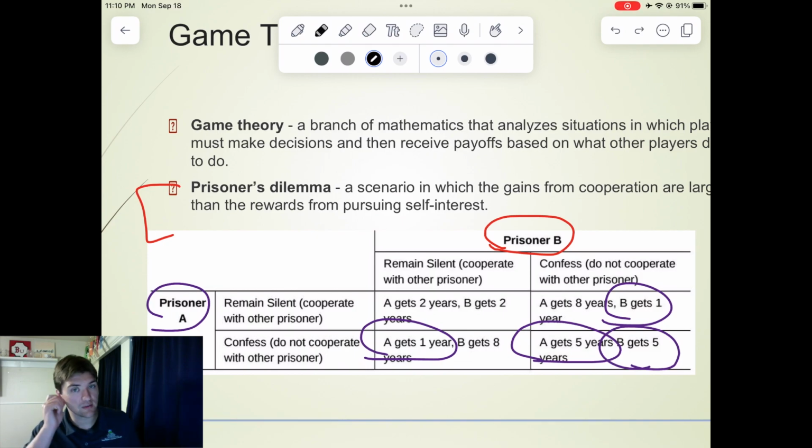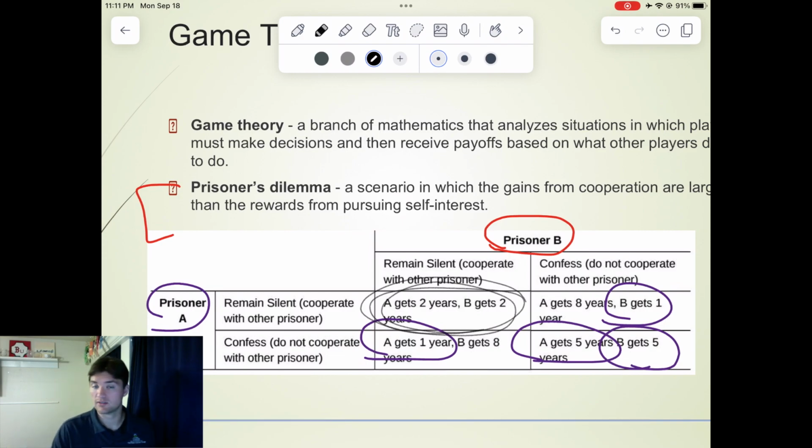And the reason this is the prisoner's dilemma is because of what the best choice is. The best choice for both of them is to collude and remain silent. Basically, if prisoner A could come to prisoner B and say, hey, remain silent, that's their best choice. They would collude and say, let's just remain silent, it's going to be best.